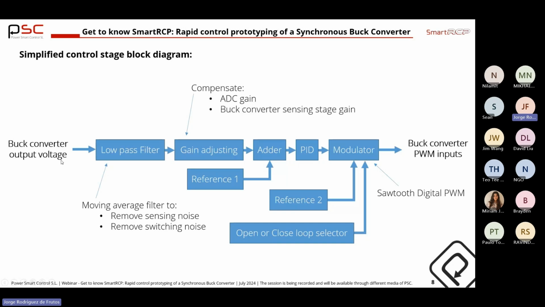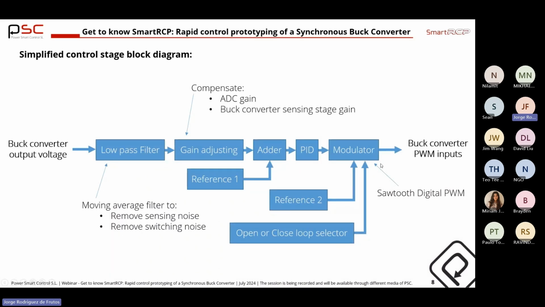We will perform there, in the SmartRCP, a low-pass filter in order to clean that voltage. We will perform a gain adjusting. Then we compare that with a reference. Then we will have a PID compensator and then a modulator.